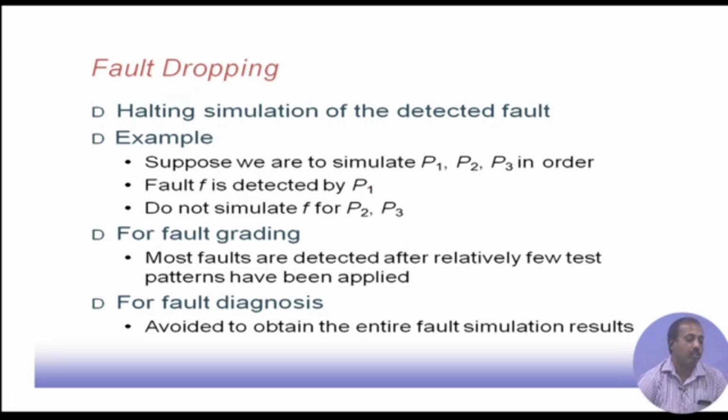So it is not necessary to simulate P2 and P3 for F again, because we know that fault F is already detected. So this is known as fault dropping. We drop F from the further simulation of patterns.